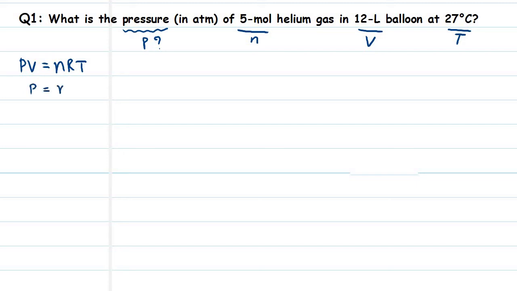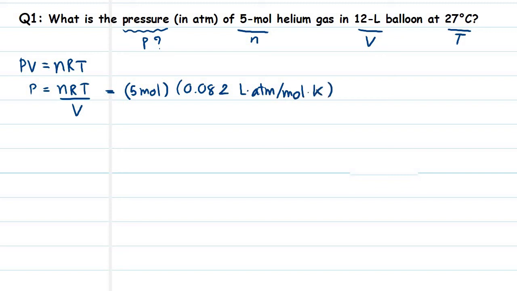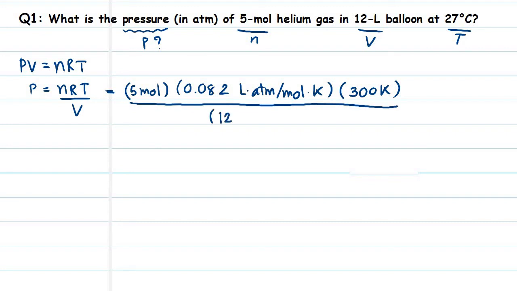P equals nRT over V, which is equal to 5 mole, times 0.082 liter ATM per mole Kelvin, times 273 plus 27, that should be 300 Kelvin, over 12 liter.